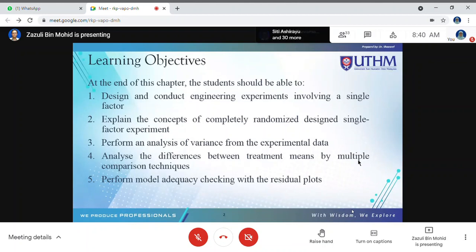And you also need to perform model adequacy checking with the residual plots. These are the objectives of this chapter.